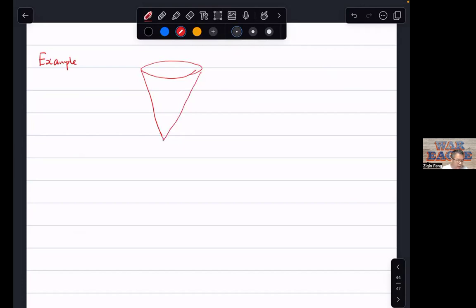The radius of the circle here is 2 meters, and the height, from here to here, is 4 meters.